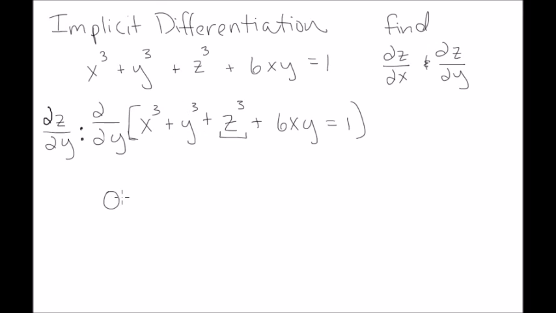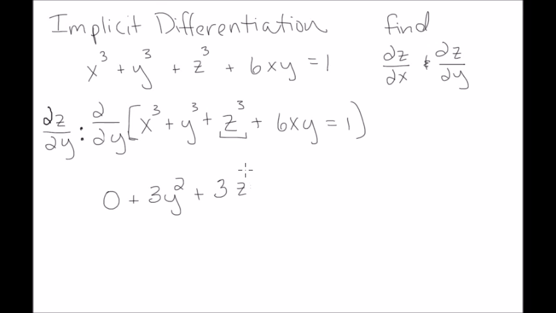I take the derivative of the second term. I get 3y squared. I need to take the derivative of the third term, again with respect to y. And because z is an implicit function of y, I will use the chain rule. So I bring down the 3.